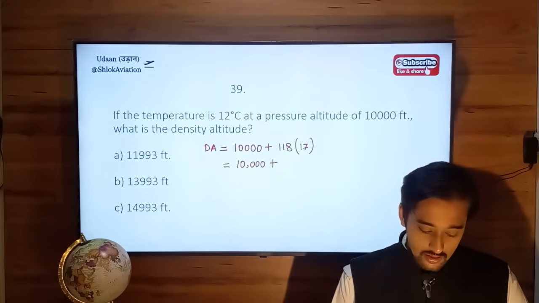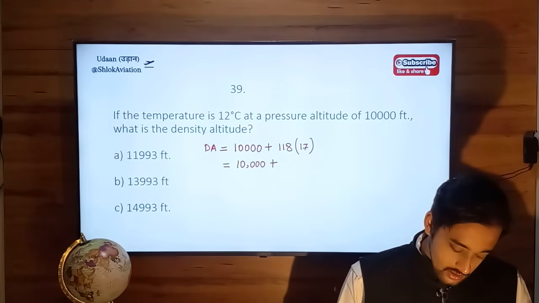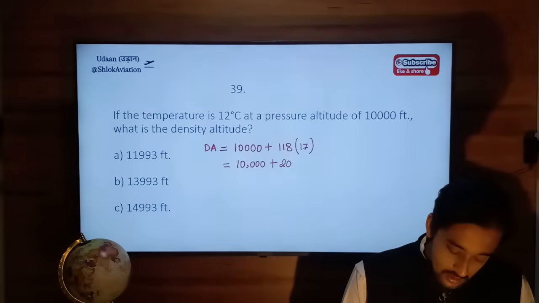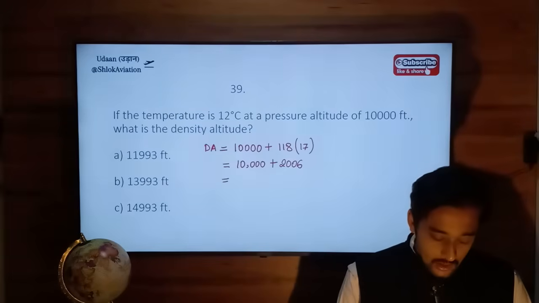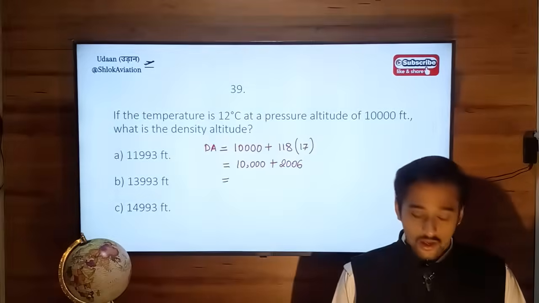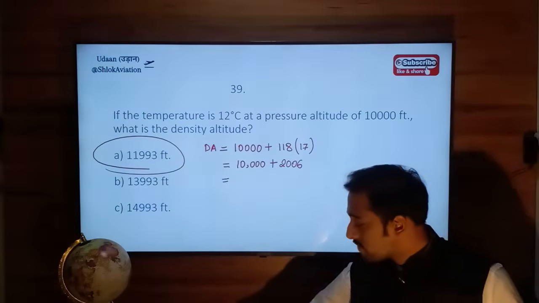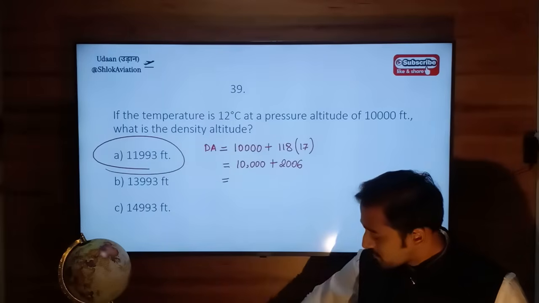Use your calculator. 2006. So 10,000 plus 2006 equals 12,006. The closest value is option A. Option A. Next.